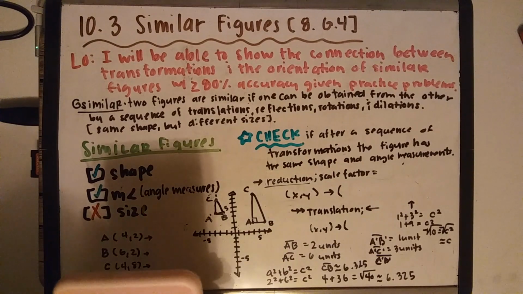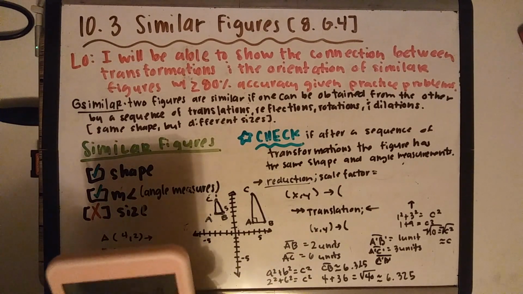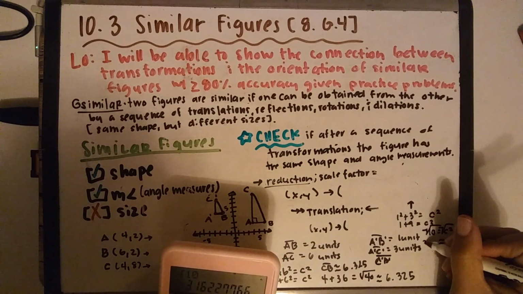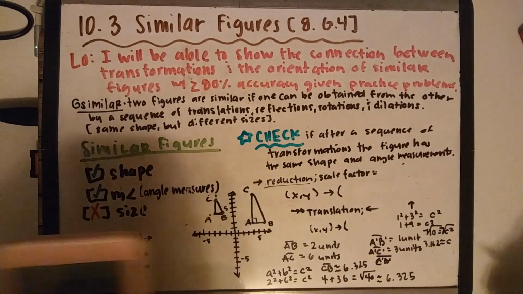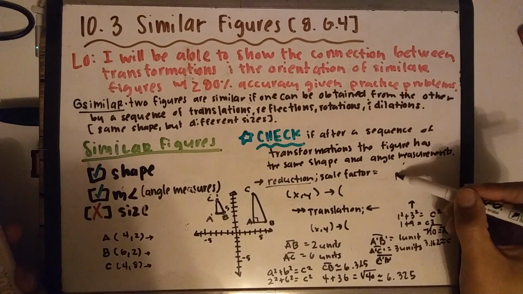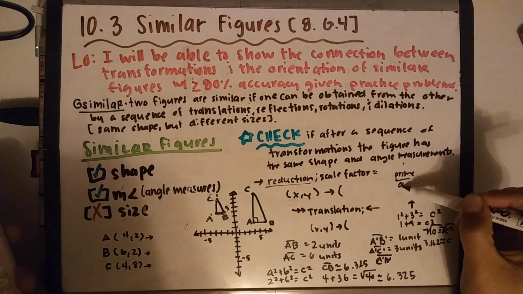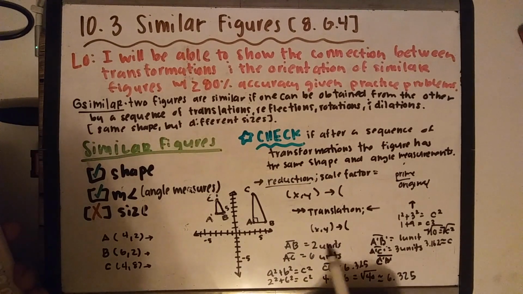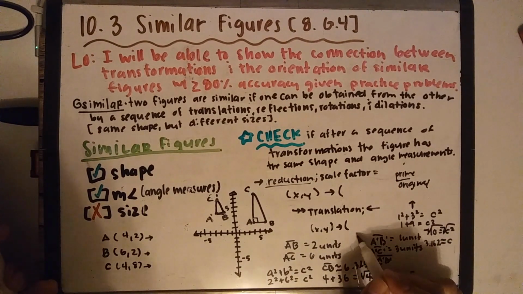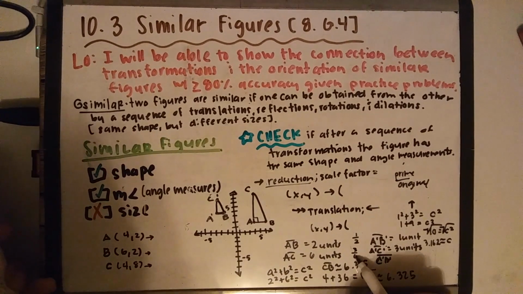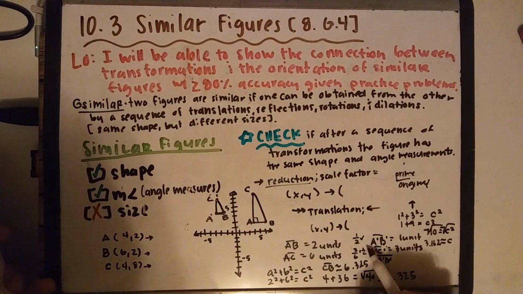And so the square root of 10 is about 3.162. Remember, to find my scale factor, I'm going to do prime over original. So for this one, I have 1 over 2. Prime over original, 3 over 6, that's also 1/2, so check, check.